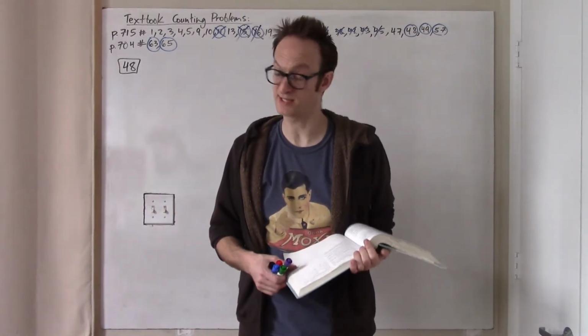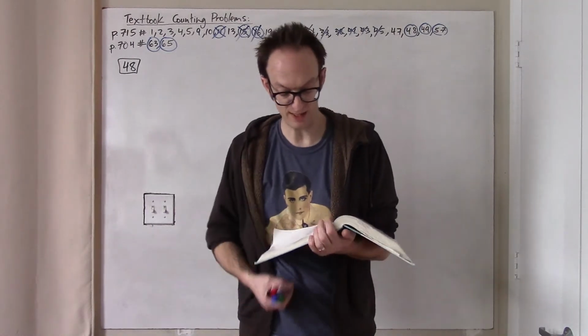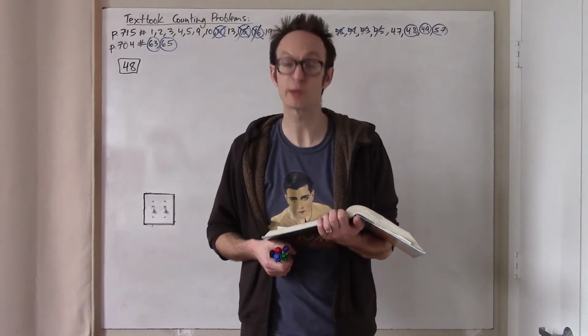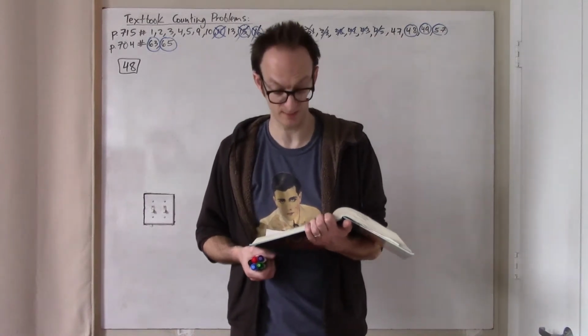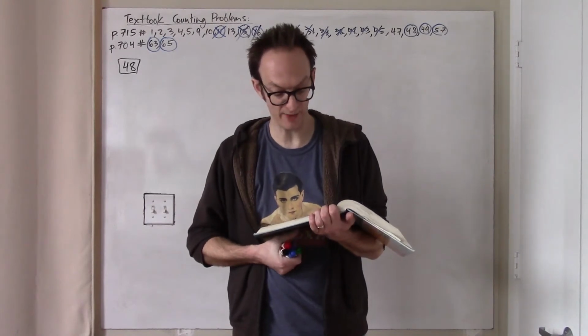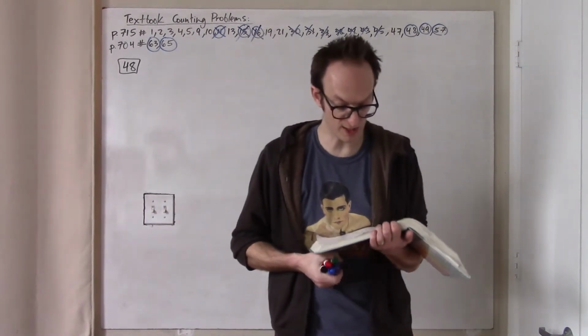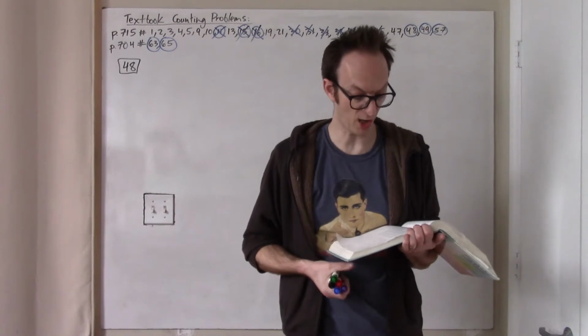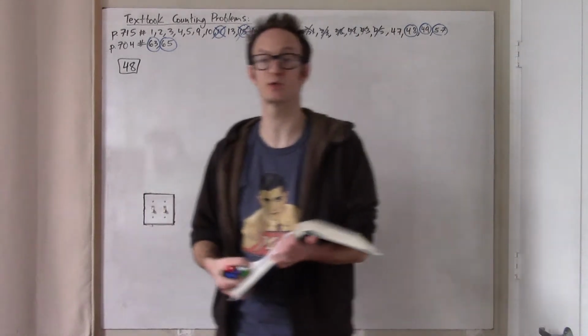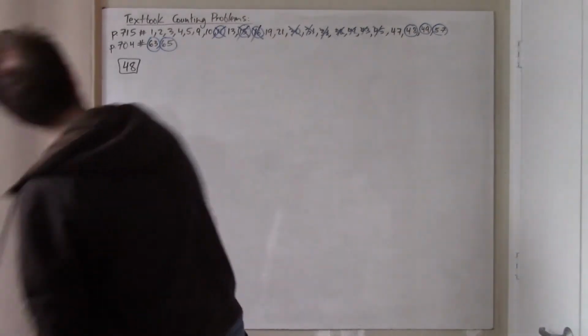Here's what the problem says. I read it aloud. A shipment of 12 microwave ovens contains 3 defective units. Okay? In how many ways can a vending company purchase 4 of these units and receive all good units, 2 good units, and at least 2 good units? This is a crazy problem.